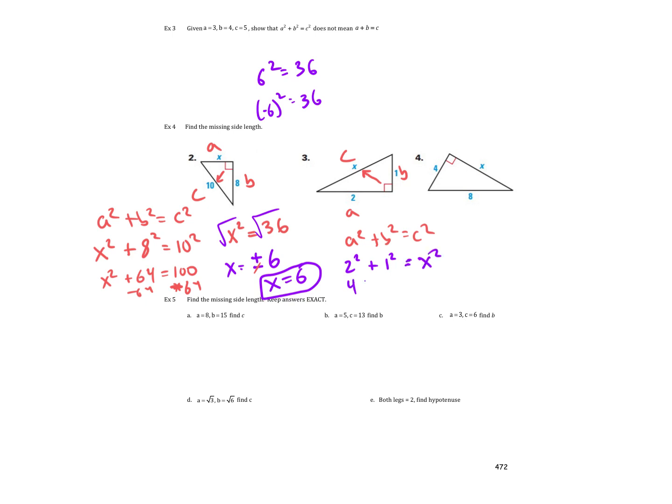So that is 4 plus 1 equals x squared. 5 equals x squared. And then here I would square root both sides. X equals plus or minus, and you just write square root of 5. But then I don't need the negative one, so we can cross that off. So it's just x equals square root of 5.